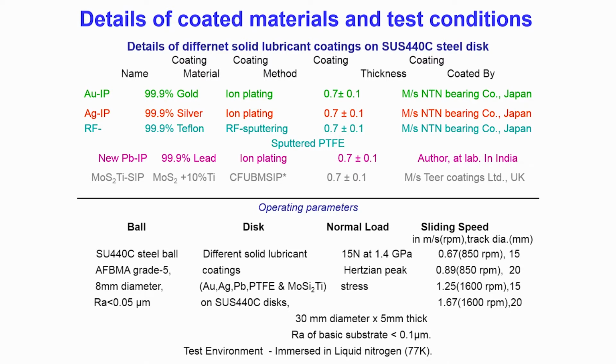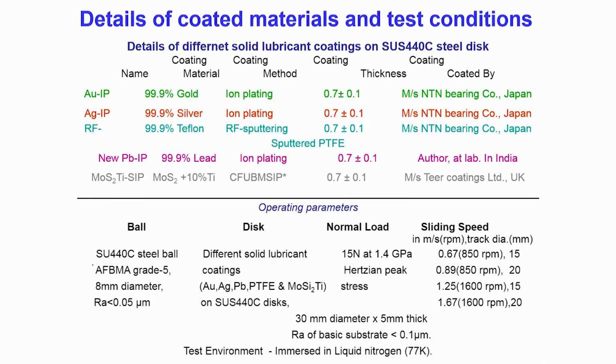You can use these gold indium phosphate coatings and silver indium phosphate coatings. These are obtained from NTN Bearing Company, Japan, and the coating thickness is typically 0.7 micron, which is a fairly thin coating. From TR Coatings UK, we have also got MoS2 titanium coatings.